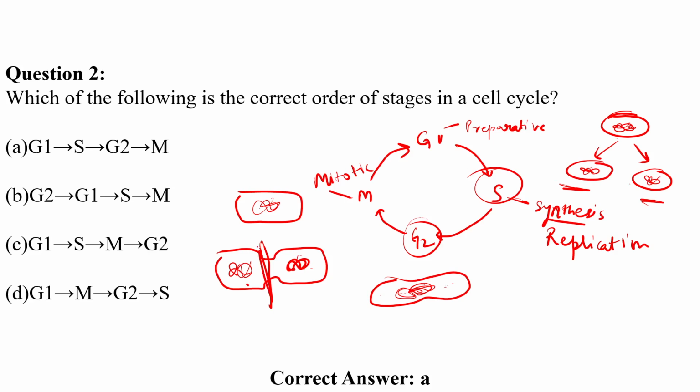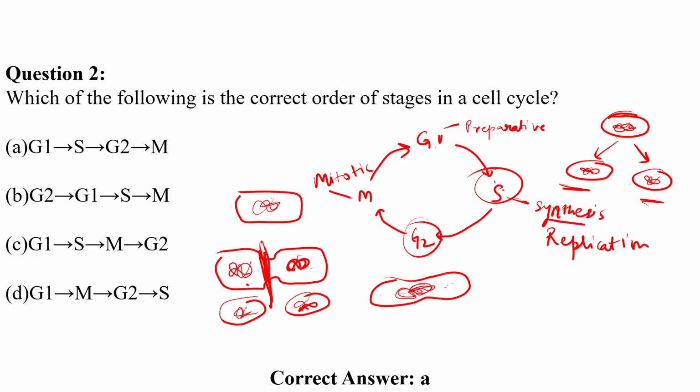Okay, one cell. So now the cell has expanded, it has two different genomes. In the G2 phase, those two genomes will localize into two different ends of the cell, and then in the mitosis phase the division will happen and we will get two different daughter cells with their own genetic material. Okay, so we have G1 phase which is a preparative phase for the synthesis phase.